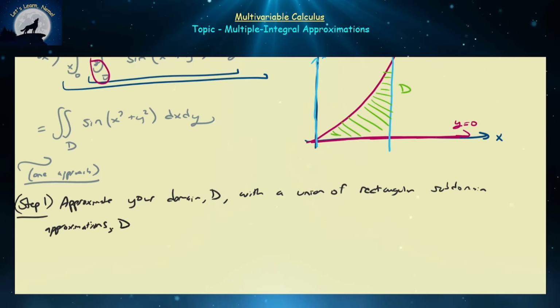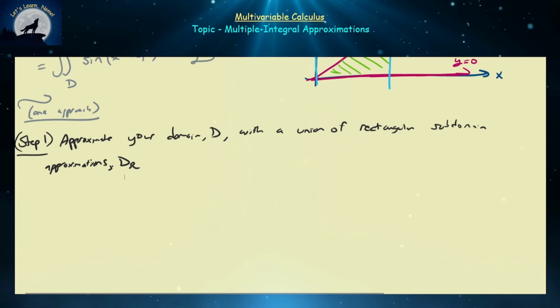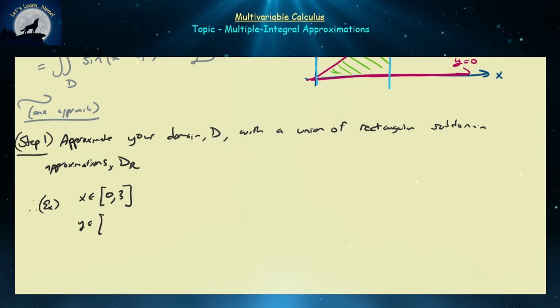And let's call this dr, right? R for rectangle, D for domain. So this is going to be some approximation. So for our example, x, keep in mind, ranges from 0 to 3, and y ranges from 0 to x squared.